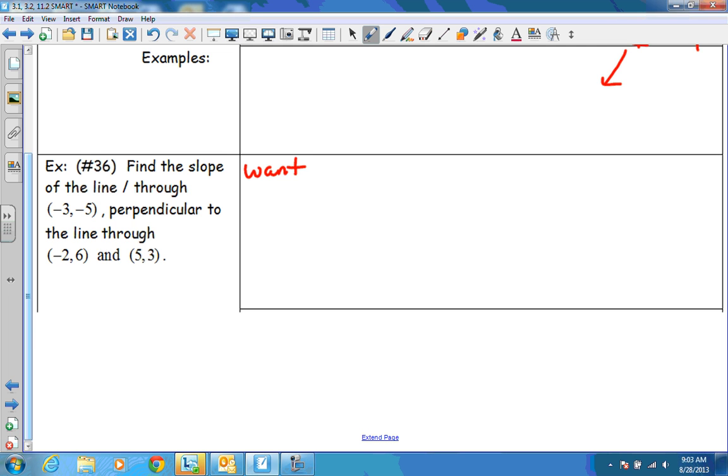We're trying to find a what? A slope with our line going through what? -3, -5. And we know that this is going to be what?